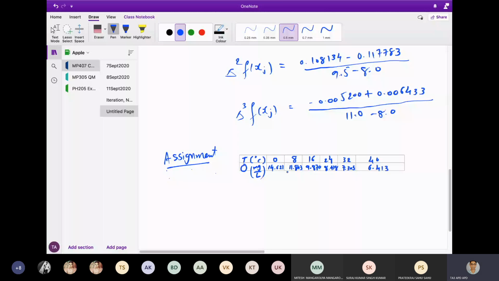Okay, I hope it is visible to you all. So this is 14.621, 11.843, 9.870, 8.418, 7.305, 6.413.